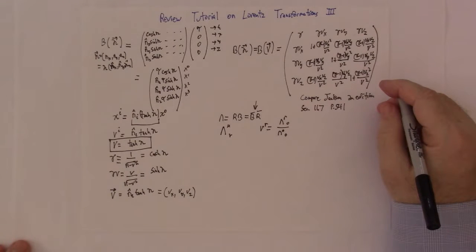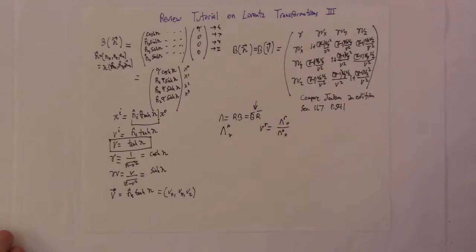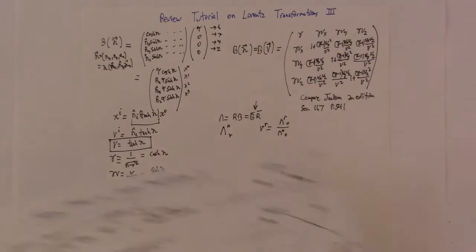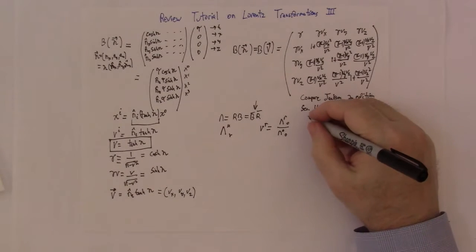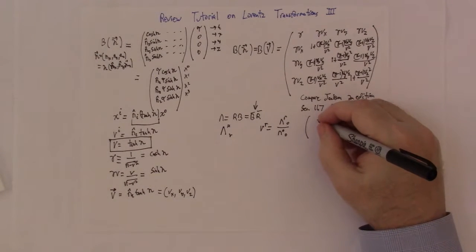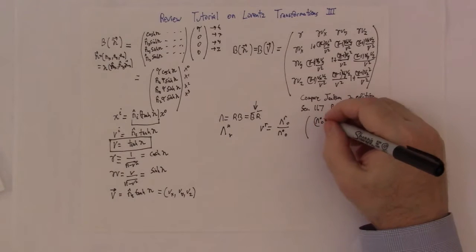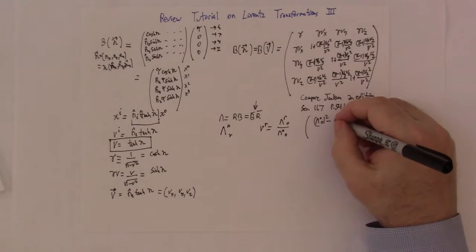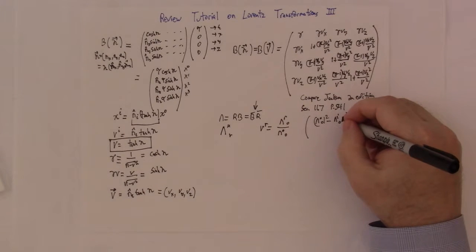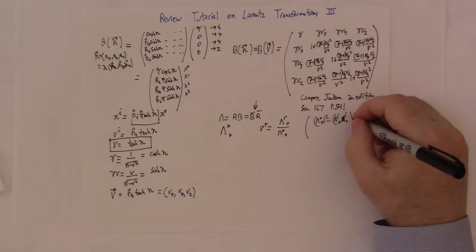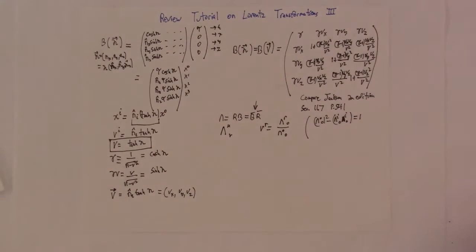Now, if you go back to our first lecture on item number 3, which I'll write down again, that lambda 0, 0 squared minus lambda I 0, remember to sum over I, is equal to 1.